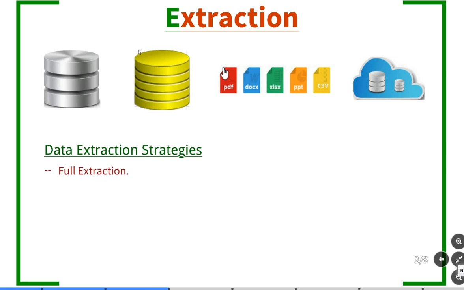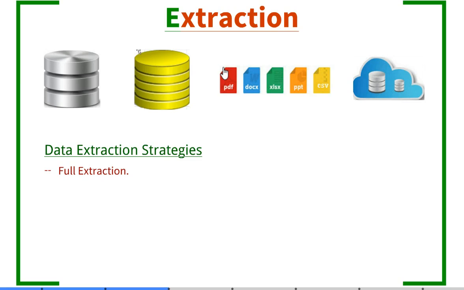There are a couple of data extraction strategies. First is the full extraction, wherein all the data from the operational systems and all the source systems gets extracted into the staging area. This generally happens in two scenarios.